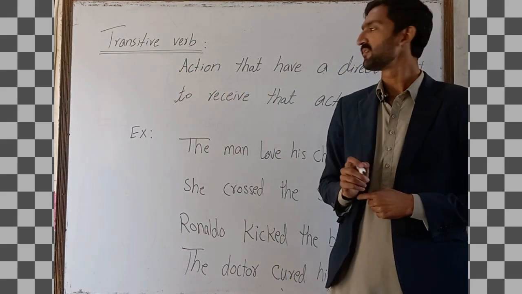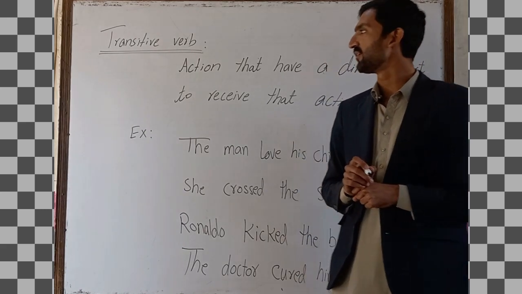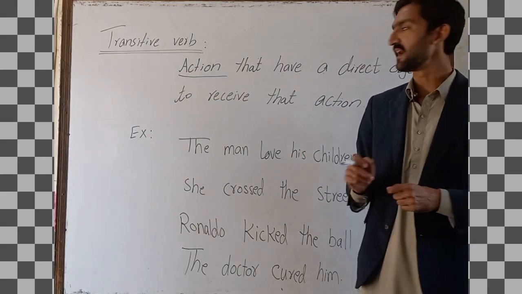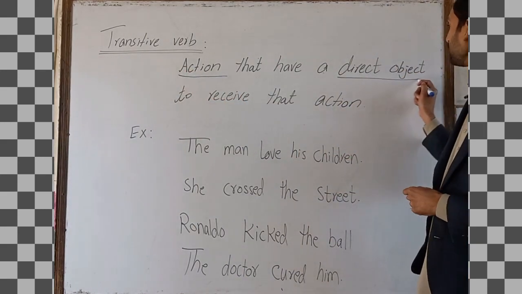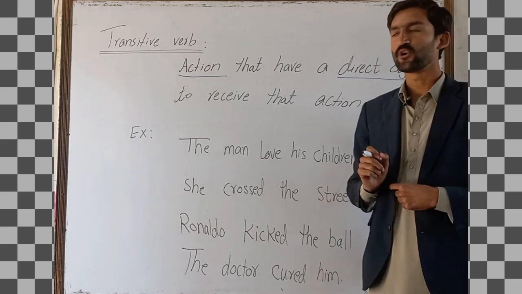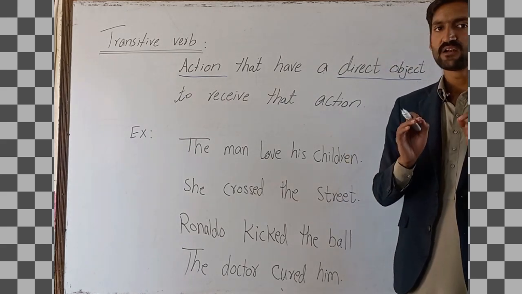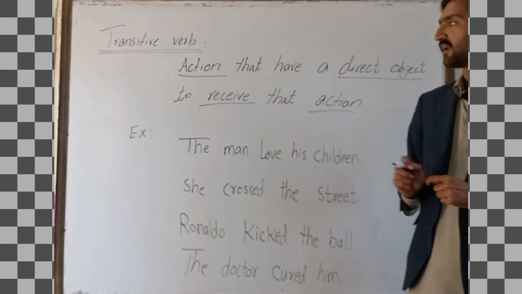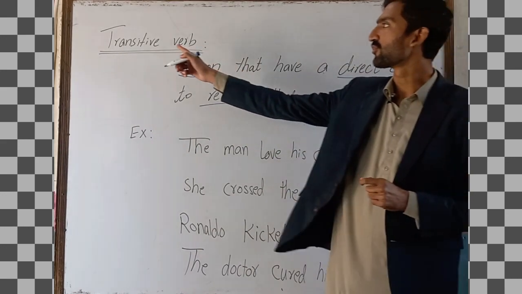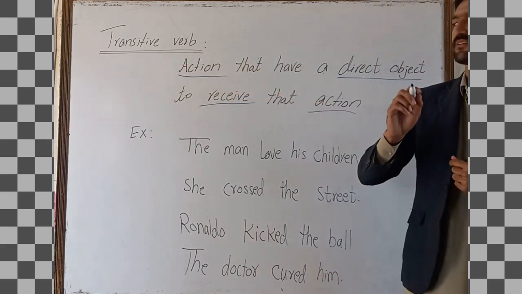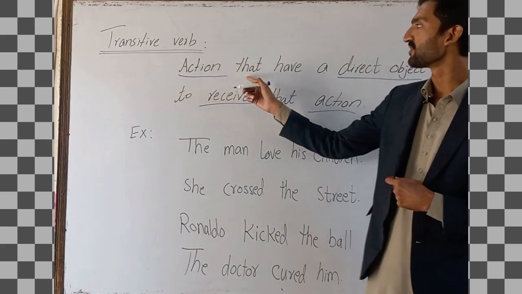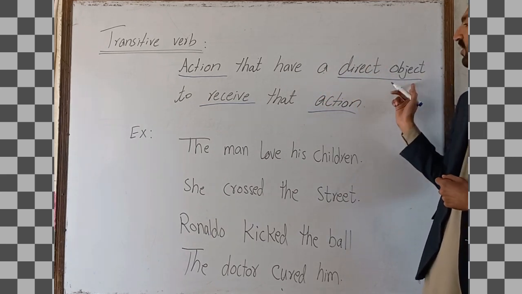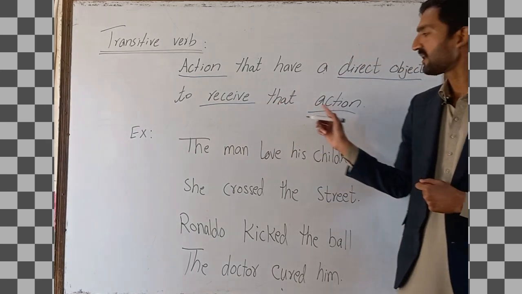As far as the transitive verb is concerned, it is also an action, an action that has a direct object to receive the action. So a transitive verb is basically a word that belongs to an action that has a direct object to receive that action.